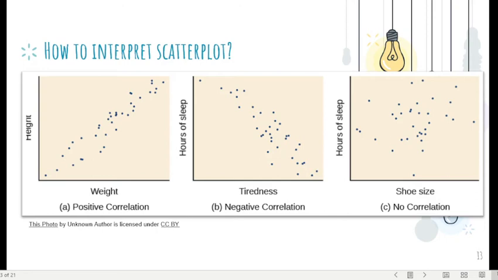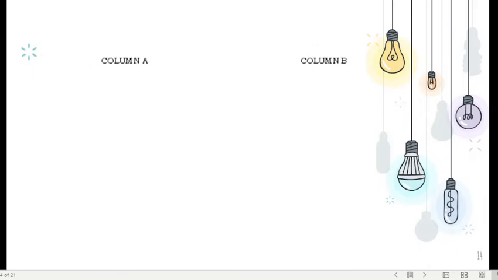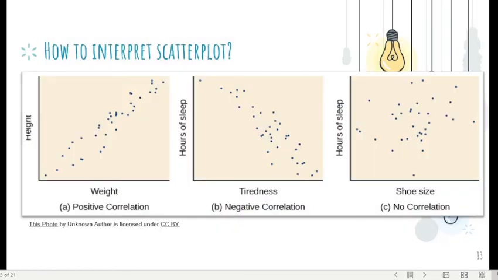So we should remember that. When a graph is going up, it has a positive correlation, and when the graph is going down, it has a negative correlation. Now let us look at the third example, the shoe size and the hours of sleep. We can see that there is no definite pattern whether it is going down or going up.